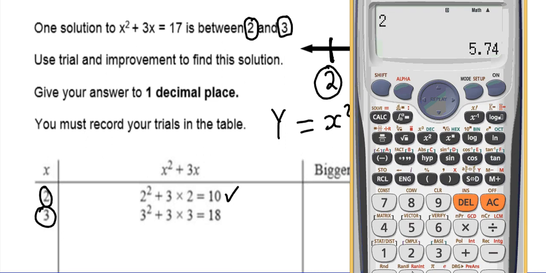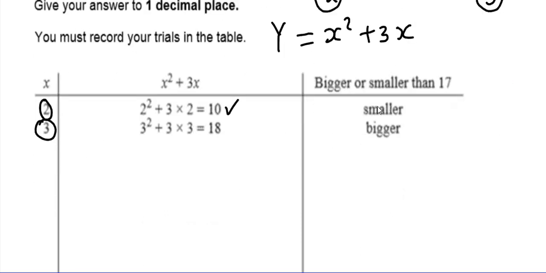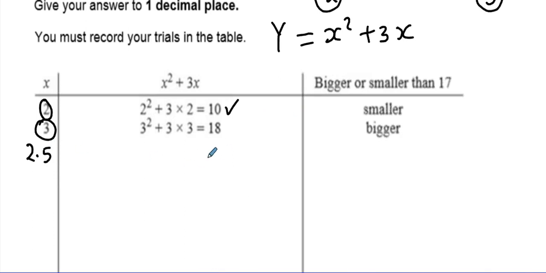Okay, we are getting 13.75. So for x equals 2.5, we are getting the answer 13.75, and this is smaller than 17.